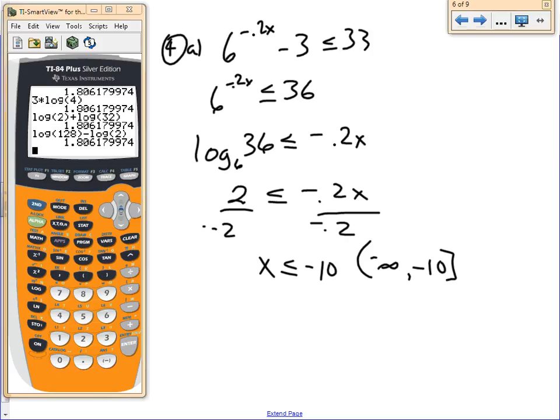For B, e to the negative 0.07t is greater than or equal to 8. Again, I'm solving for a base e problem, so I'm going to use the natural log. The natural log of 8 is greater than or equal to negative 0.07t.